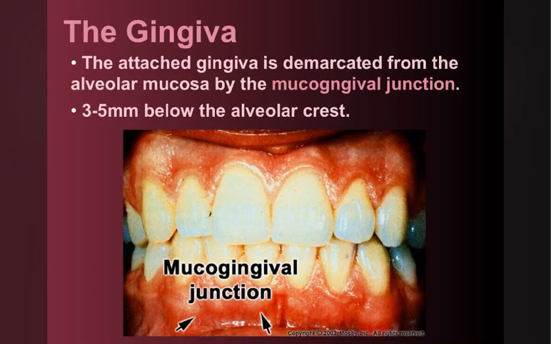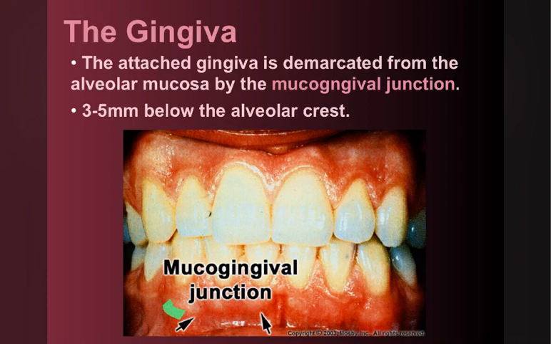The attached gingiva is demarcated from the alveolar mucosa by the mucogingival junction. So the mucogingival junction is the junction between the attached gingiva and the alveolar mucosa.